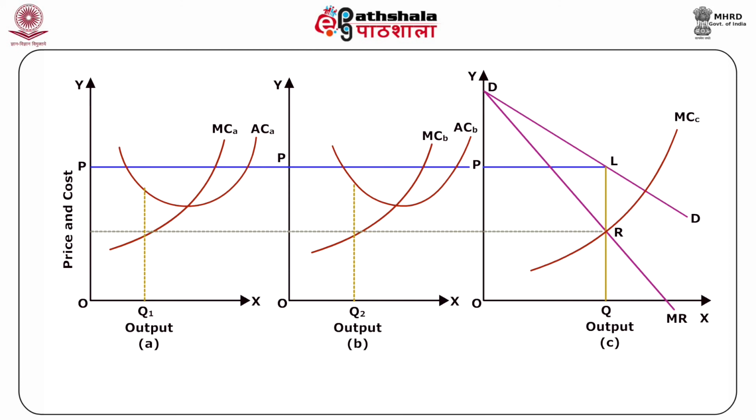Figure 1A shows that firm A earns a profit equal to KPFT with output OQ1 and cartel price OP, and firm B earns profit equal to HPEG with output OQ2 and cartel price OP.